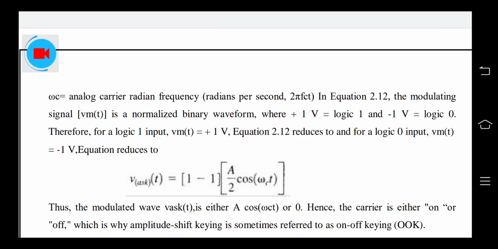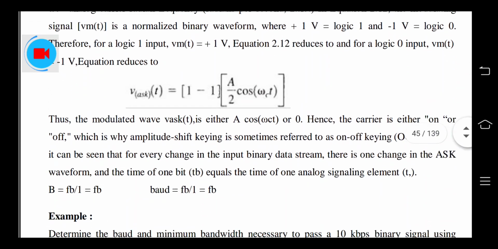You can represent it as amplitude shift modulation with A/2 cos(ωc t). When the time is equal to 0, both terms, 1 and minus 1, are negative terms, so you represent it as 0, and then multiply with the total input signal. So amplitude shift keying is also one kind of on-off keying modulation.